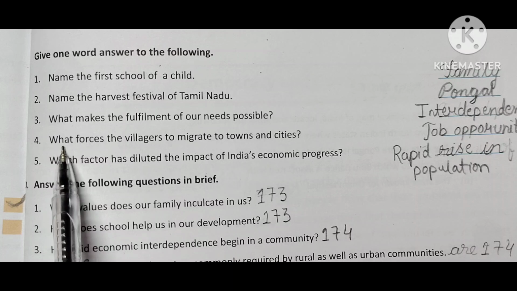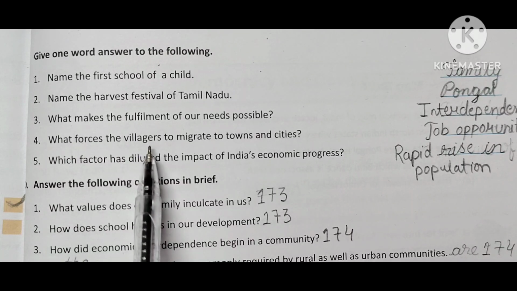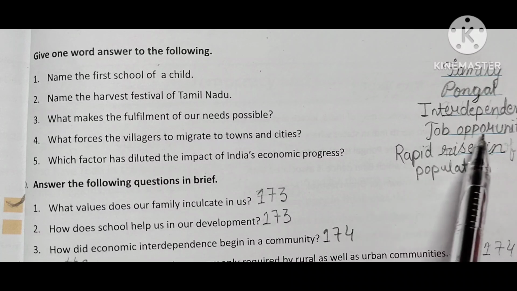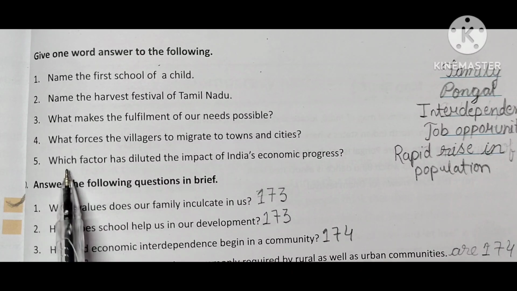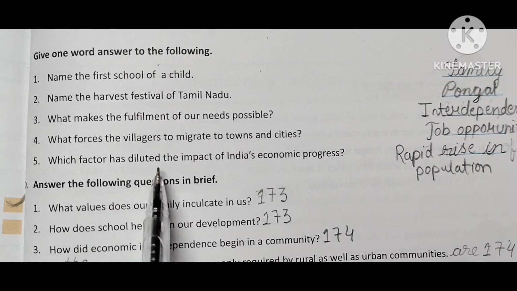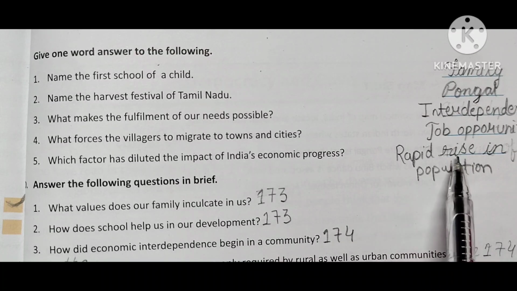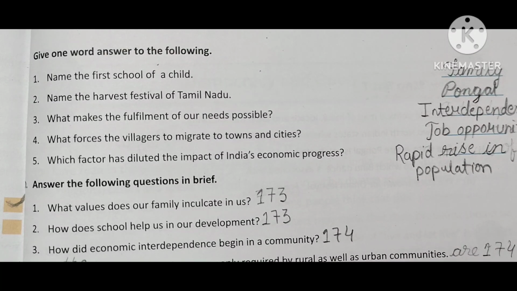Interdependence. Fourth, what forces the villagers to migrate to towns and cities? Job opportunities. Fifth, which factor has diluted the impact of India's economic progress? Rapid rise in population.